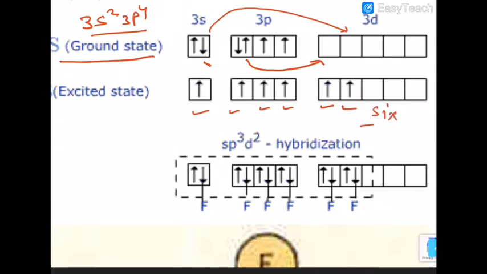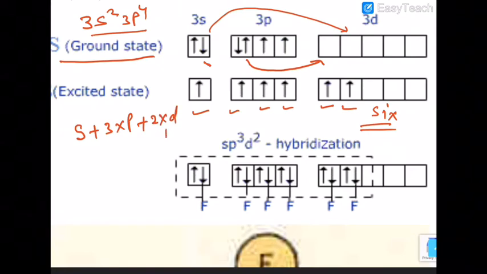You have 6 unpaired electrons available to you. All 6 of them will undergo intermixing. One 3s, three 3p plus two 3d orbitals will intermix together to give you sp3d2 hybridization.